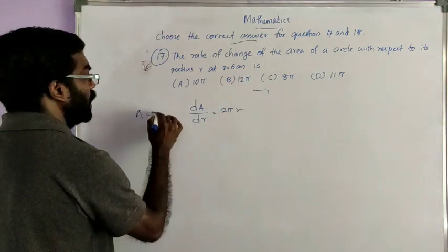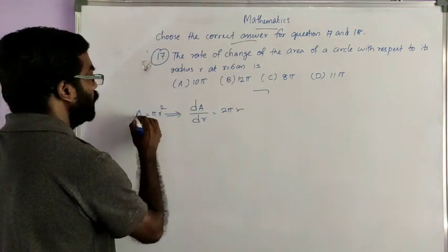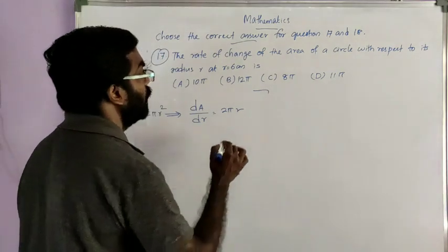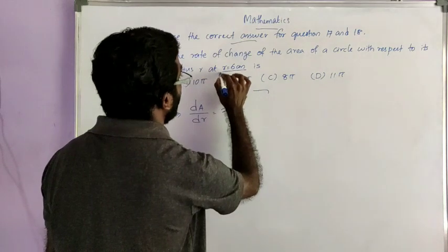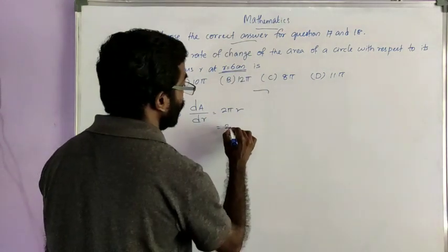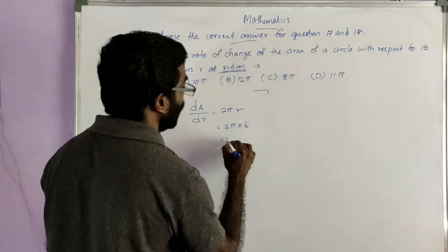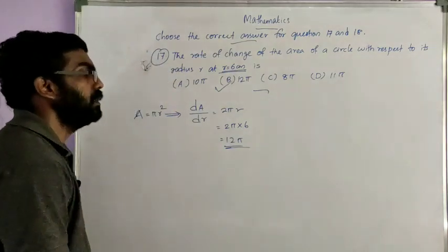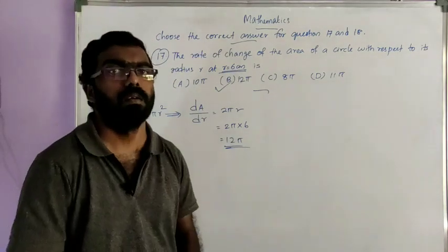Area is pi r square, which implies dA by dr is equal to 2 pi r. Okay. And here we have to find the rate when r equal to 6 cm. So 2 pi into 6, which is equal to what? 12 pi. So option B is the right answer, 12 pi. Clear?